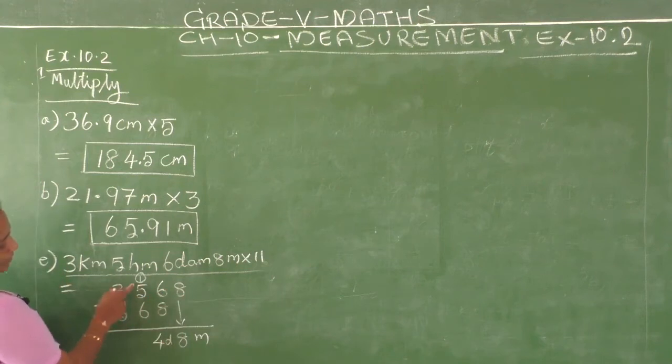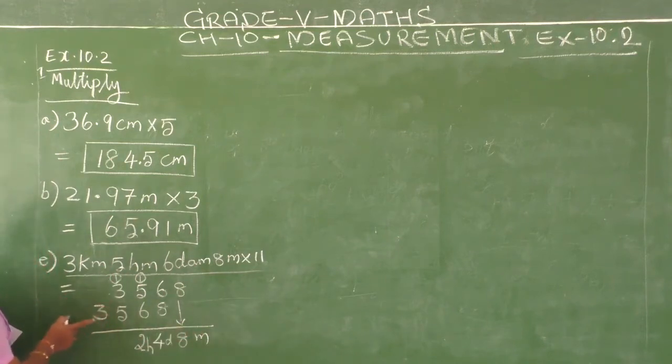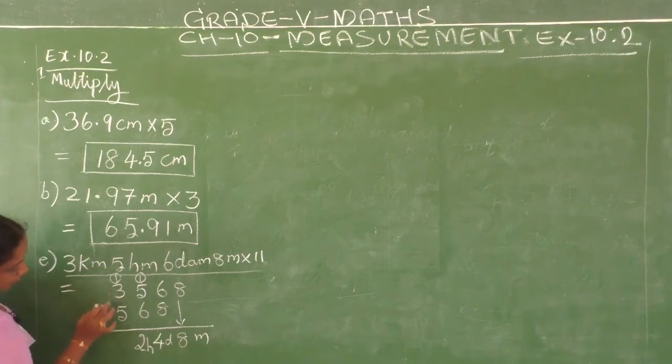Then 6 plus 6 is 12, so 2, remaining 1, it's a hectometer. I am writing H only, afterwards we can write the full form. Here 3 plus 1 is 4, 4 plus 5 is 9, 3.